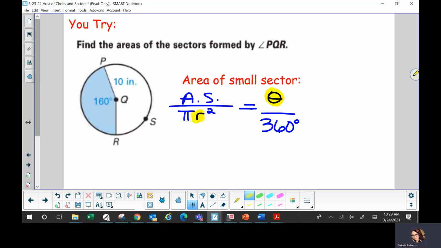At least write the formula down. I did both so you can see my pi, because sometimes it's going to ask you for the exact answer.